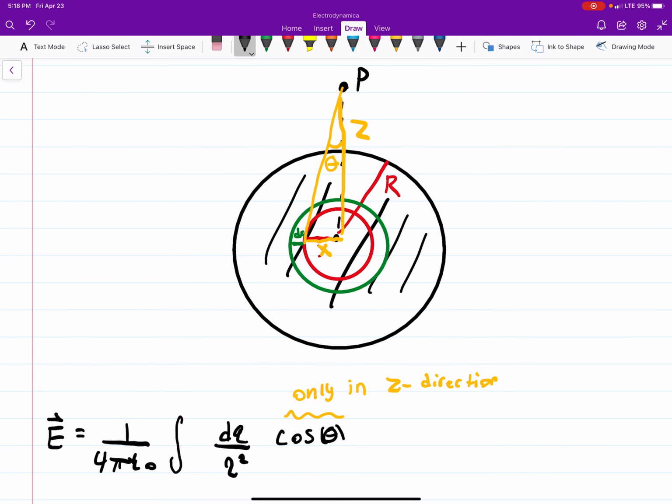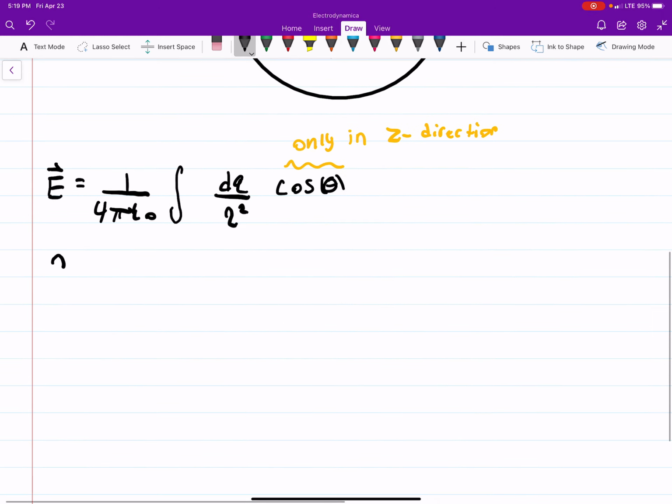We only want the cosine, so we only get that z component. So script r squared should be easy to see. That's just going to be z squared plus x squared.